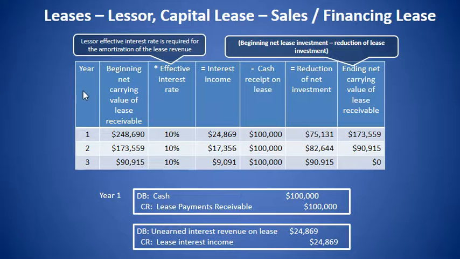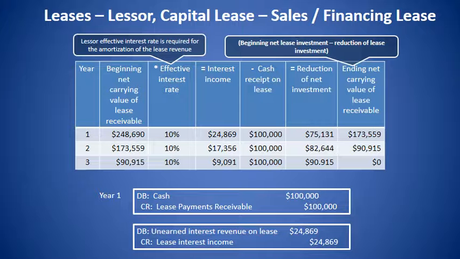And again, we have our year column, which tells us these are the years ending, the beginning carrying value of the lease receivable, then the effective interest rate. We multiply the effective interest rate times the beginning net carrying value of the lease receivable, and we end up with the amount of interest income that would have been created as a result of the carrying value of the lease receivable.